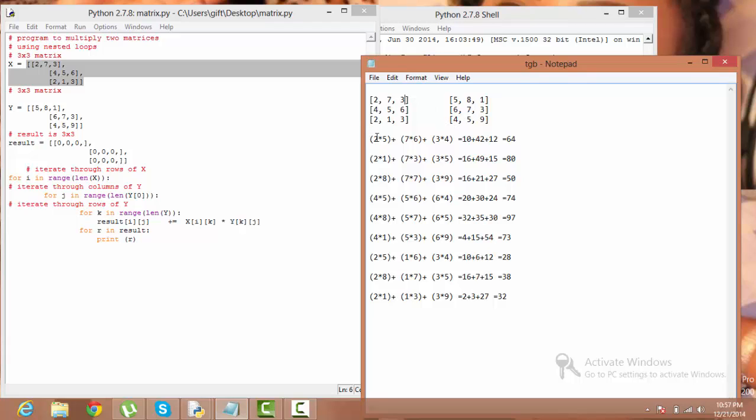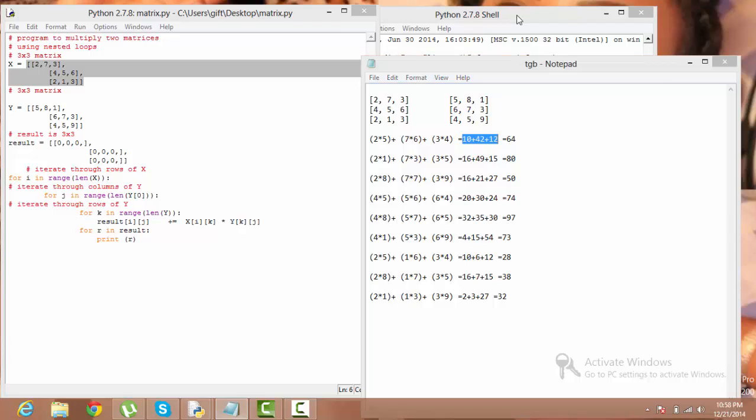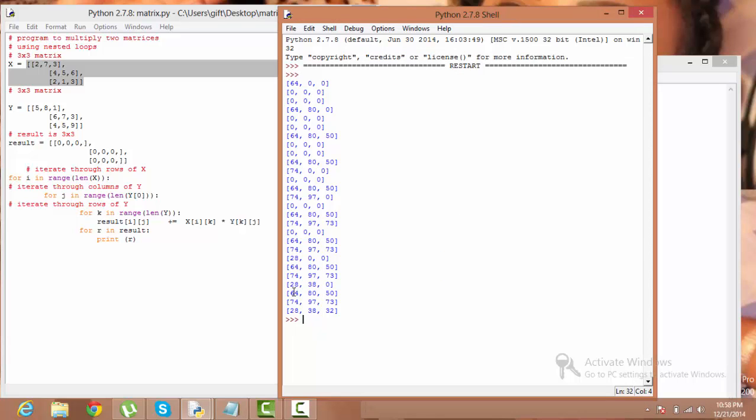So when we add that up, 2 times 5 gives us 10, 7 times 6 will give us 42, and 3 times 4 will give us 12, which is 64. So we're going to check the results from what Python gave us. 64, the first number, so we see here 64. So that's how it works.